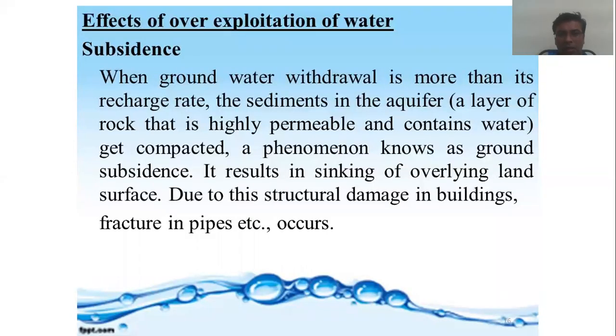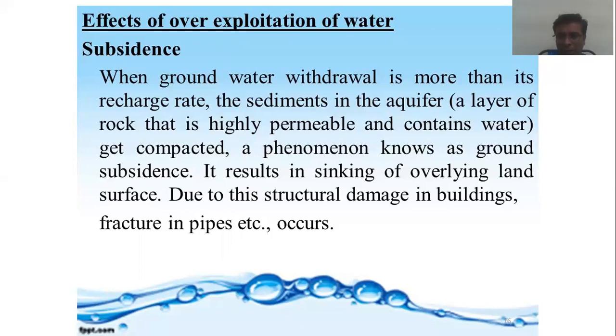And next, this is subsidence. Subsidence means when groundwater withdrawal is more than the recharge rate. More than the recharge rate means we are continuously using groundwater for agricultural, domestic, and industrial purposes. Suppose the groundwater level is nearly 10 meters, that is the top level of groundwater.